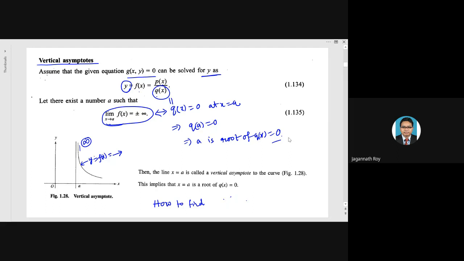We have other types of asymptotes also. We'll look at them very soon.